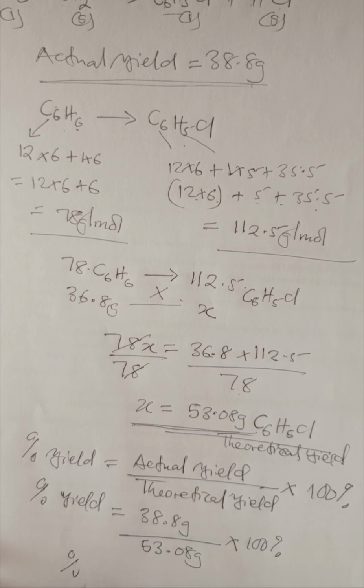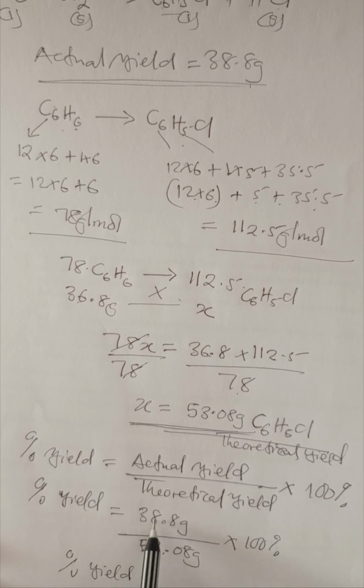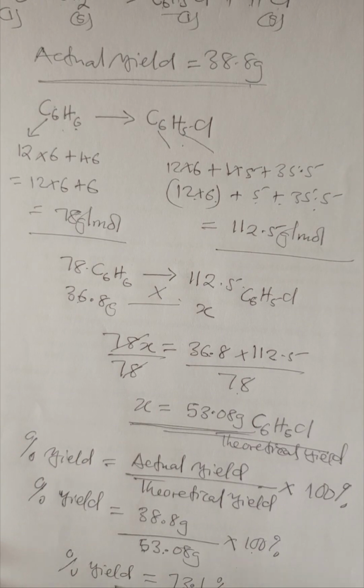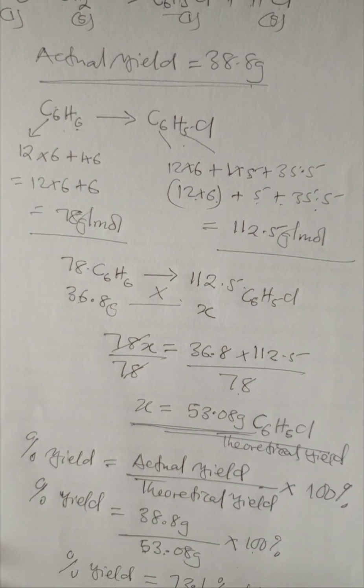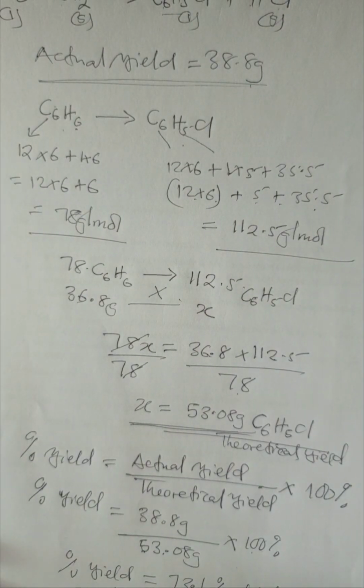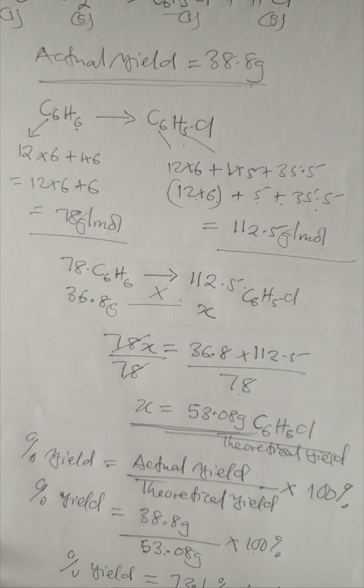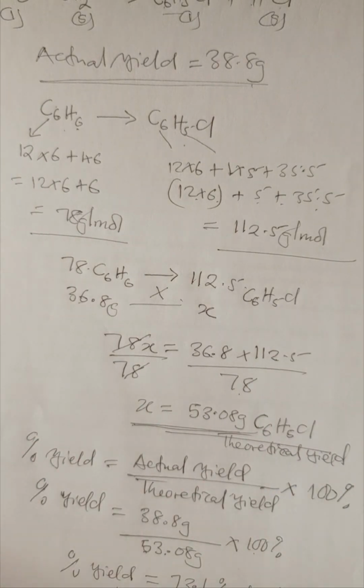So percentage yield in this case is going to be this divided by this multiplied by that. You're going to get 73.1%. So this is the percentage yield of chlorobenzene that will be produced at the end, whose formula is C6H5Cl. This is the percentage yield of chlorobenzene.